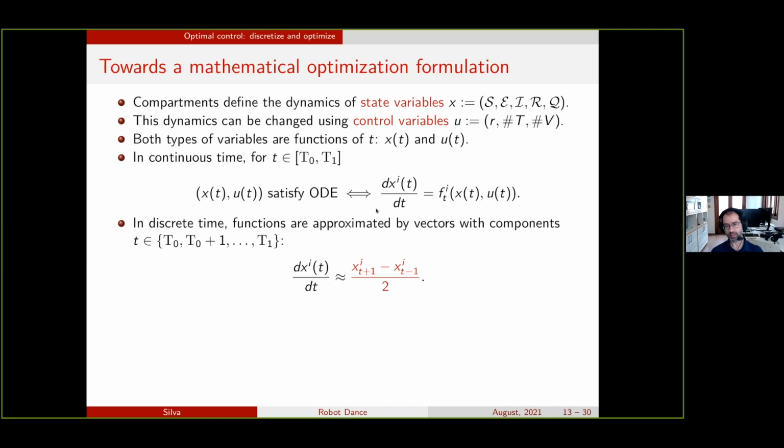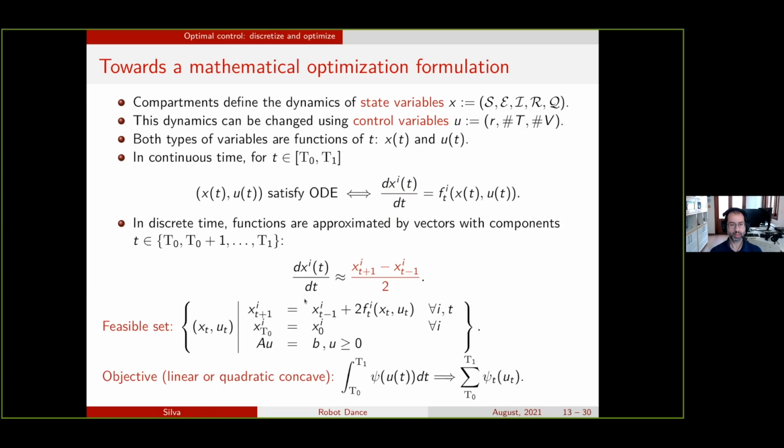And this can be written in this way here, which is usual for ordinary differential equations. And then since we are more like optimization people instead of control people, we simply go from here directly to an optimization problem by discretizing the derivative here. And since this differential equation is a simple one, a simple central difference discretization is enough to get a very reliable solution.